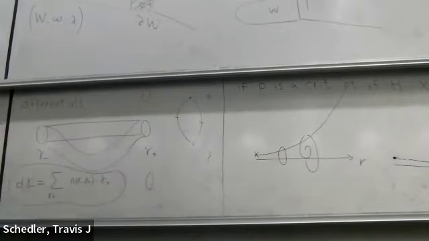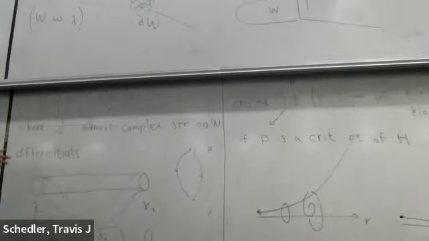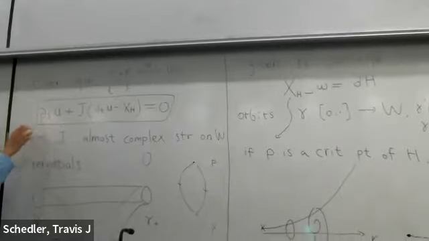How do you explain that the cylinders only connect orbits whose degrees differ by 1? That's a good question. There should be a general theory. We set up the moduli spaces solving for u, solving this Floer equation.